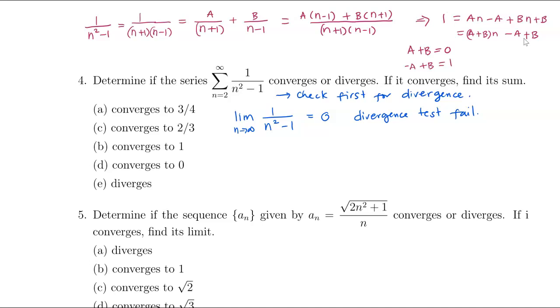Then you can solve the system simultaneously. If you add the two equations, you will have 0 plus 2b equal to 1. So that means that b is equal to 1/2.